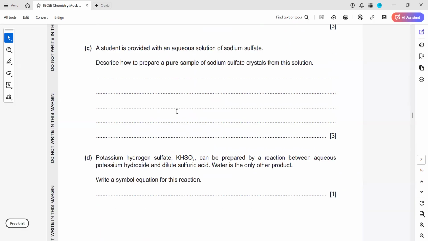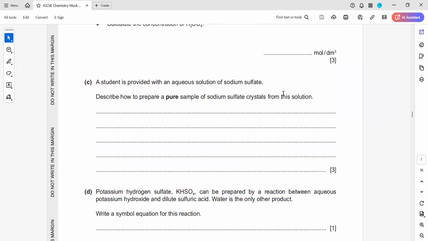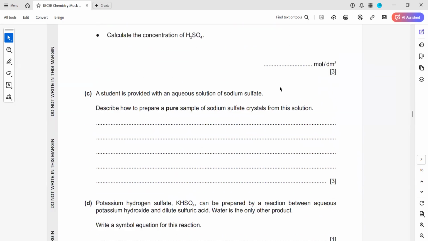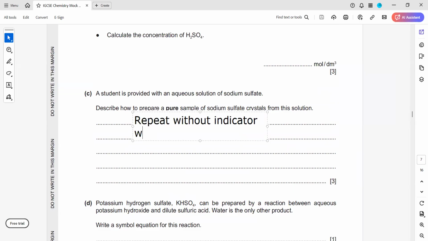A student is provided an aqueous solution of sodium sulfate. Describe how to prepare a sample of sodium sulfate crystals from this solution. So what you should do: repeat the experiment without indicator, then use crystallization: heat, concentrate, cool and filter. One thing you have to mention, repeat without indicator. So repeat all the steps as shown previously, without the indicator, with the same volumes.